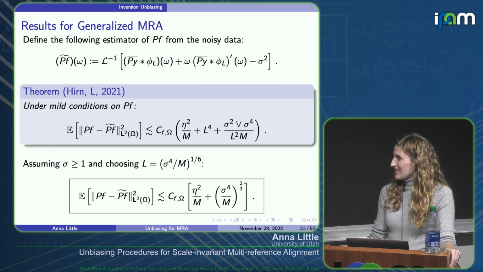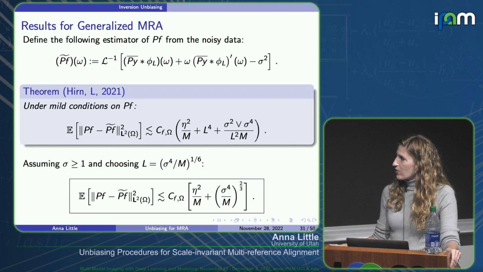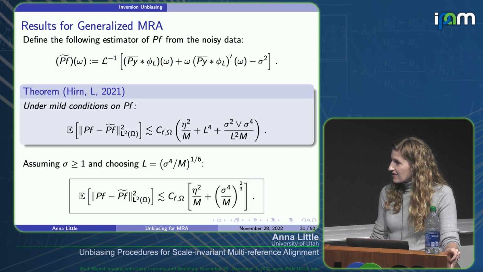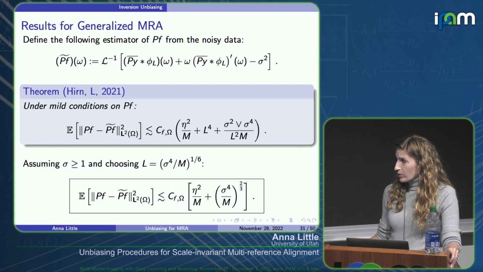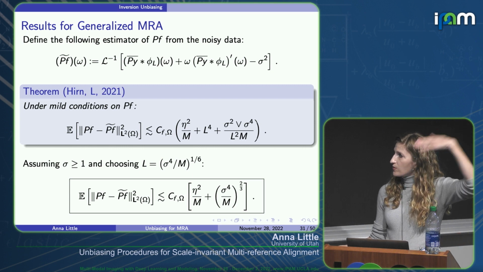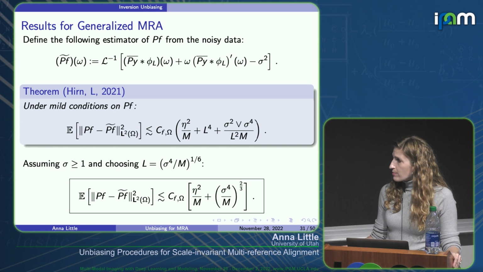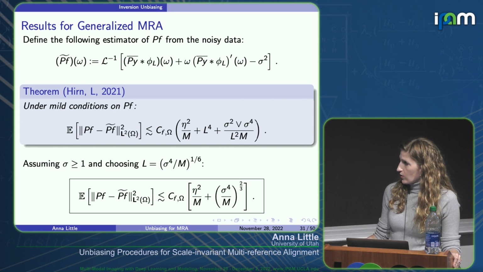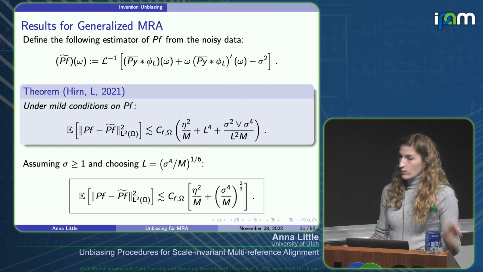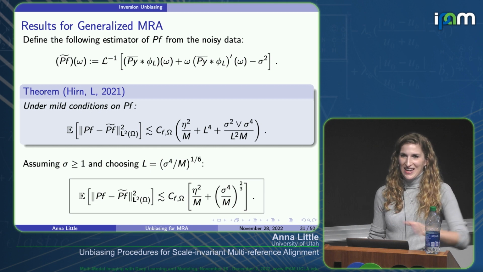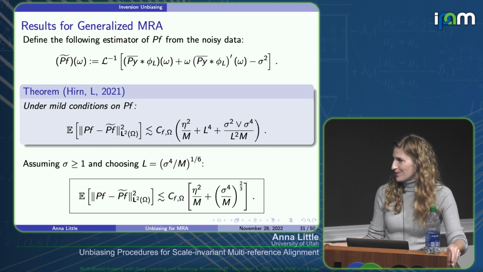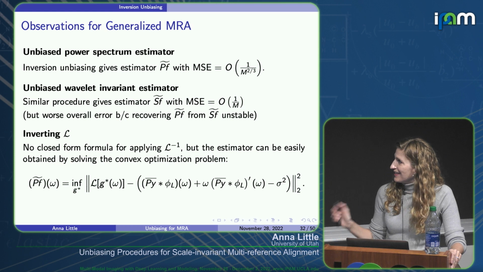Assuming that we scale things appropriately, we get a mean squared error that we're pretty happy with, because you have eta squared over m, and then sigma fourth over m to the 2/3. So you have this really nice decay, an unbiased estimator with an error going to 0 as you increase m, which we did not have before. Especially after our previous results, we were excited about this.